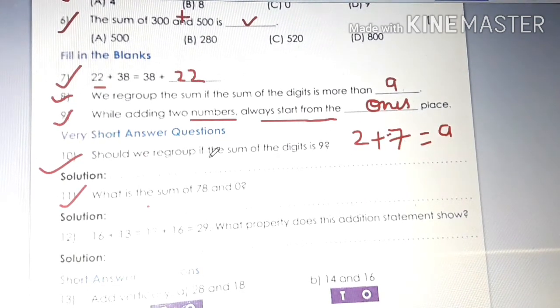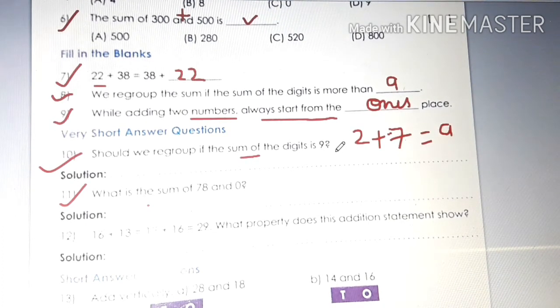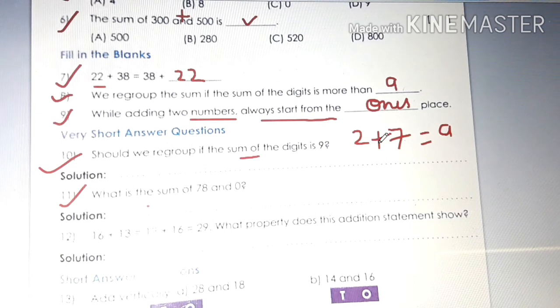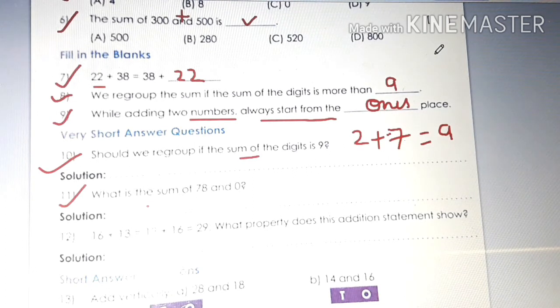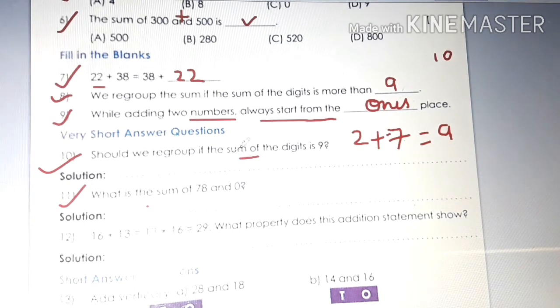Should we regroup if the sum of the digits is 9? We regroup when it is more than 9, isn't it? Suppose it is 2 plus 7, if you get 9, do we need to regroup? No. But if we get the sum as 10, then we have to regroup. So the answer is no.